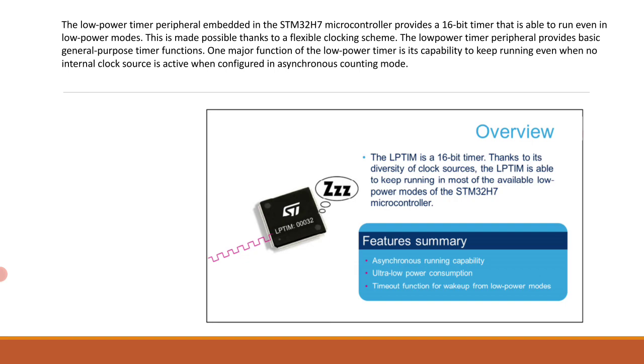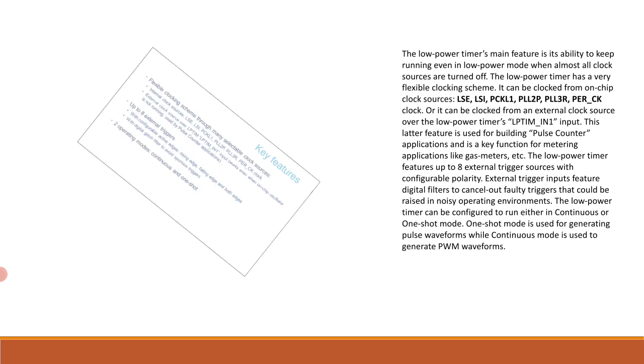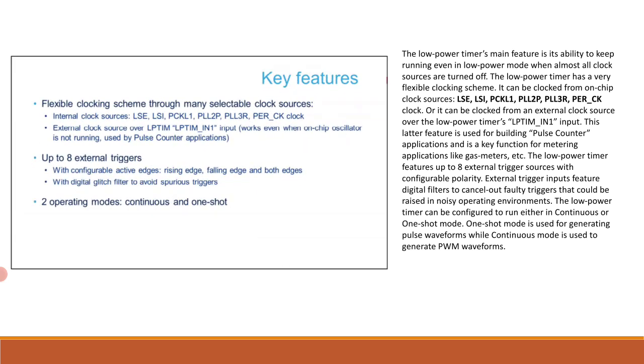So the LPTIM's main feature is its ability to keep running even in low power mode, when almost all clock sources are turned off. The low power timer has a very flexible clocking scheme.